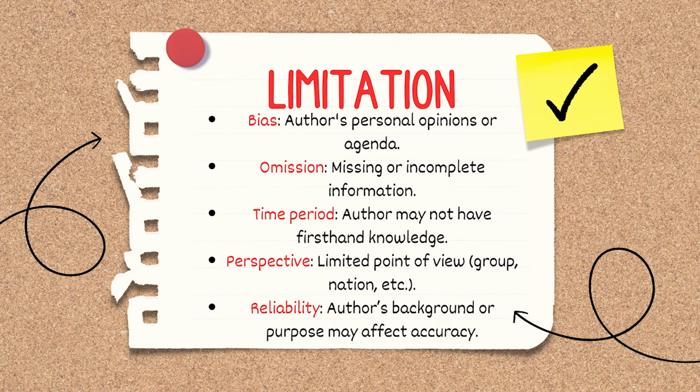The first thing that tells you that this source is limited is the fact that the source is biased. Biasness means it is one-sided. If the author may have a personal opinion or a specific agenda that affects how the information is presented, then the source is biased.